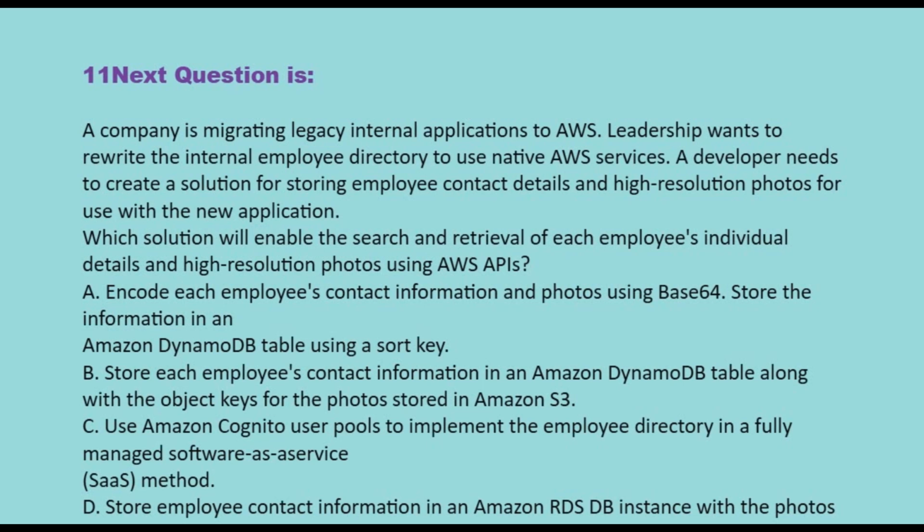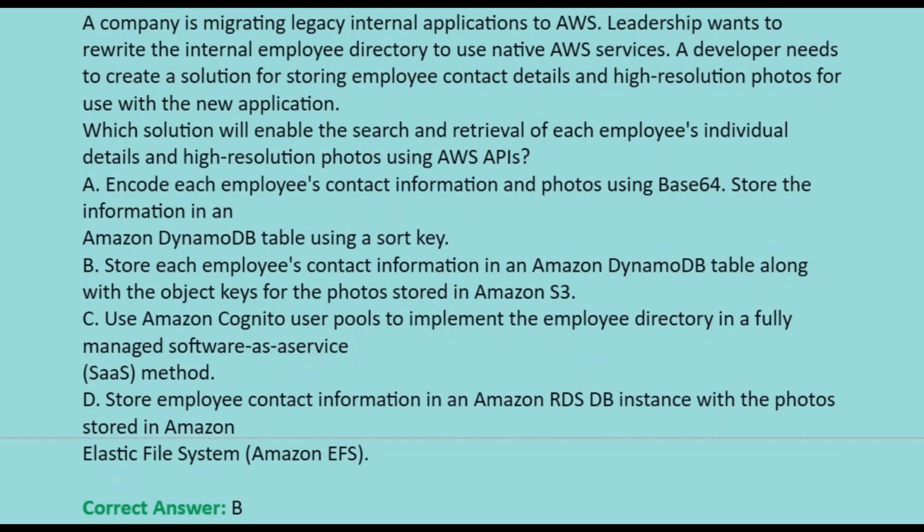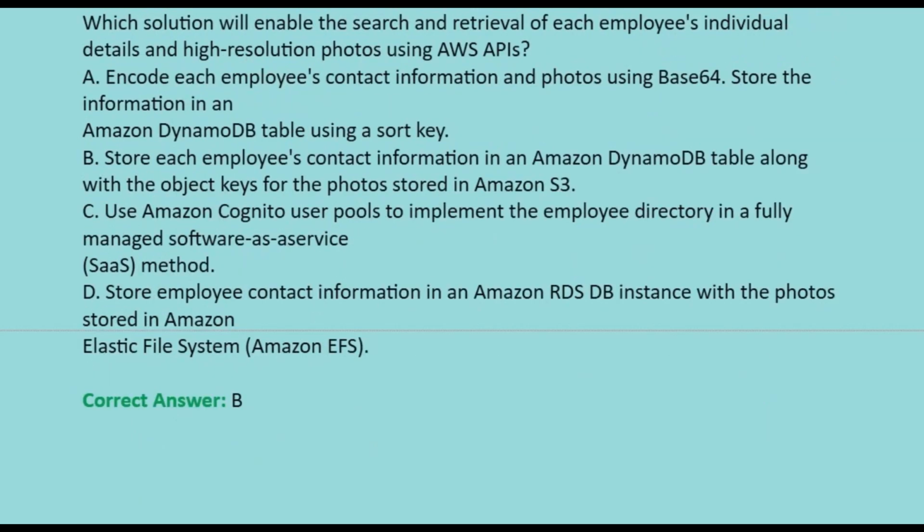Option C, use Amazon Cognito user pools to implement the employee directory in a fully managed software as a service, SaaS, method. Option D, store employee contact information in an Amazon RDS DB instance with the photos stored in Amazon Elastic File System, Amazon EFS. Correct answer is option B.